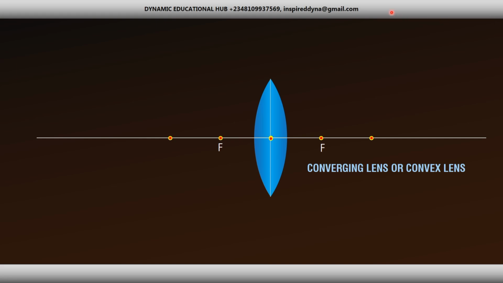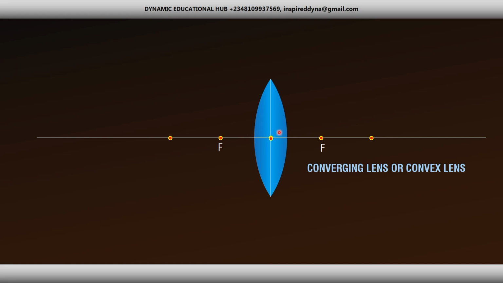Now, as usual for mirror, any ray of light that is parallel to the principal axis will either converge to the focal point or diverge away from the focal point. Now let's see what will happen when the rays of light try to go through this lens.